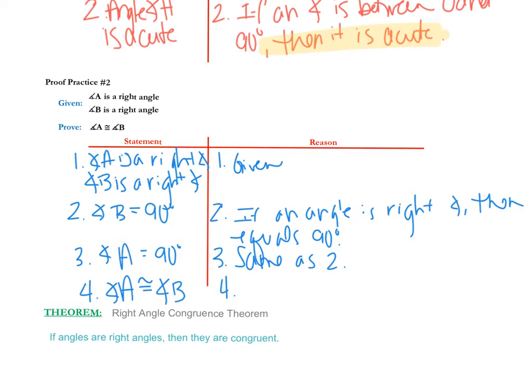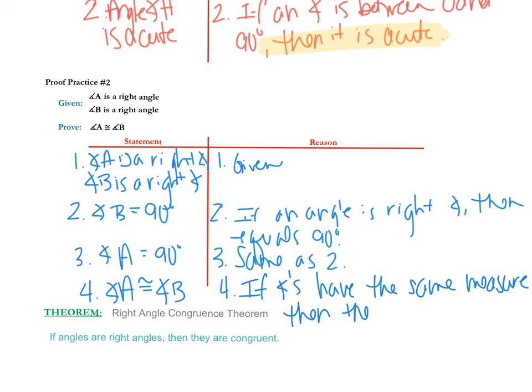Because if we go back, if angles have the same measure, then they are congruent. Okay. And at the end, check. Did I prove everything? They are congruent. Those two angles are congruent. Okay.